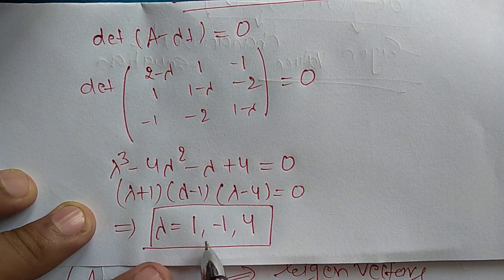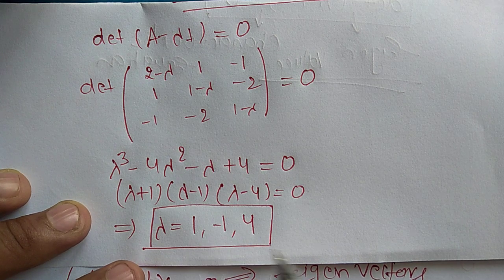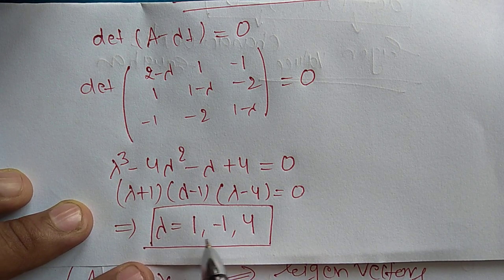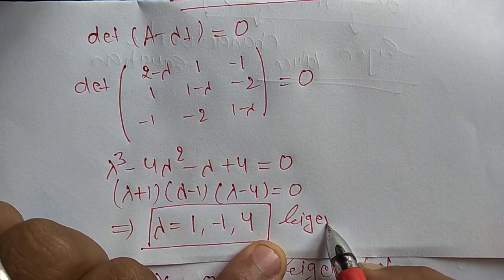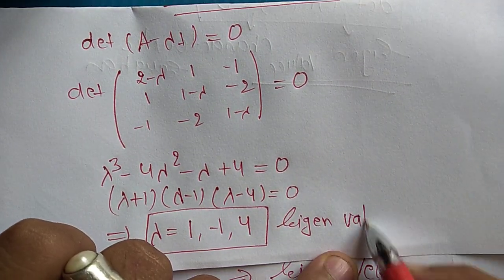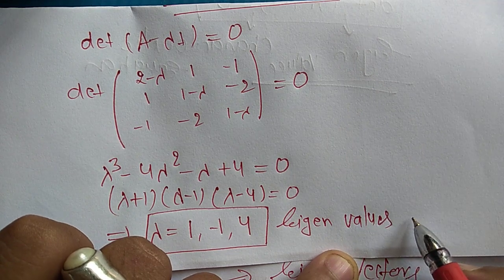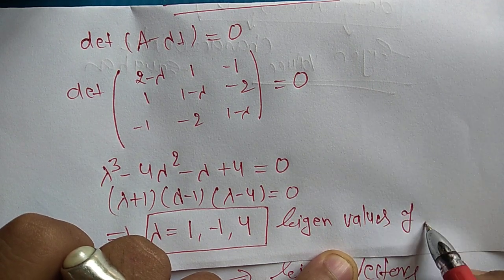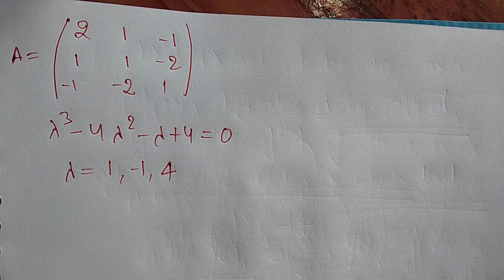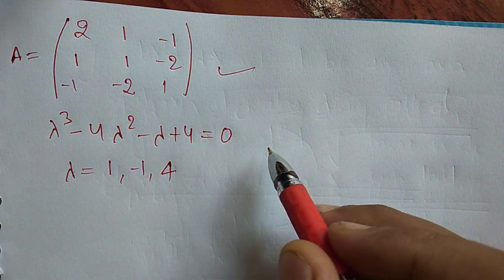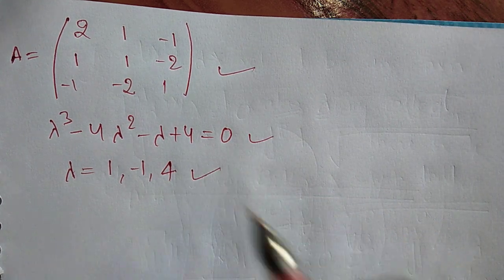Since order does not matter, we can also write minus 1, 1, 4. These are the eigenvalues of the given matrix A.